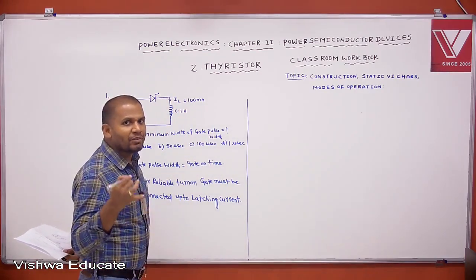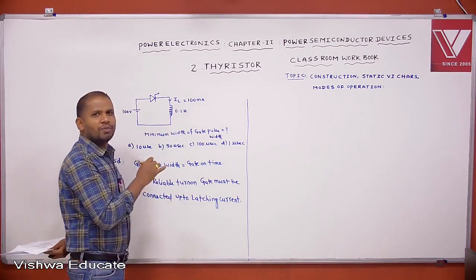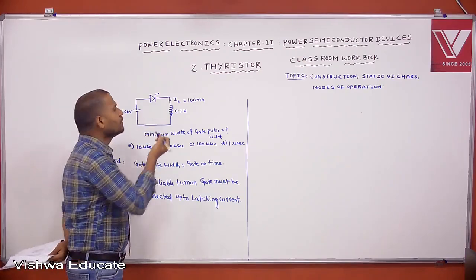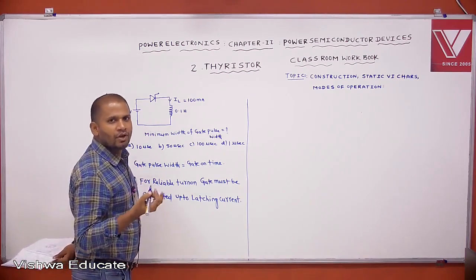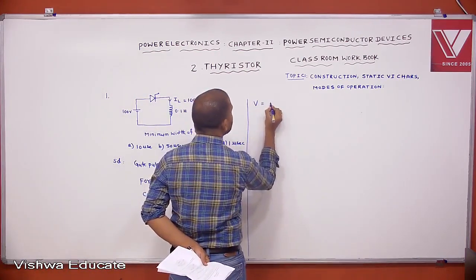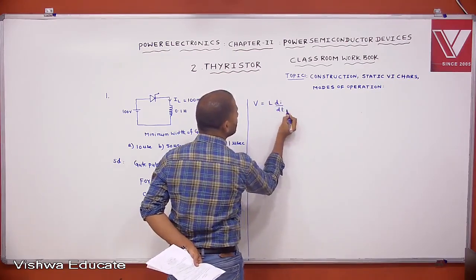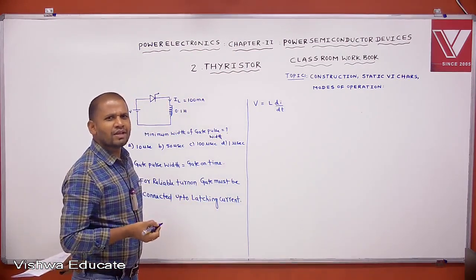To find the time corresponding to latching current, how to apply the formula? Simple. Here the supply is DC and the load is inductance. The only formula available is that the voltage across the inductor is V equal to L into di by dt. But here initial conditions are not given.